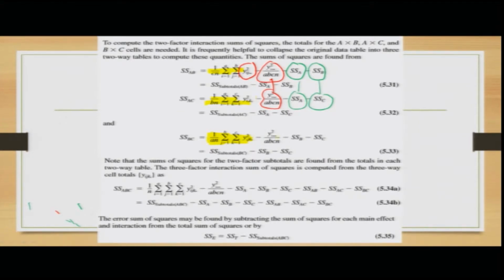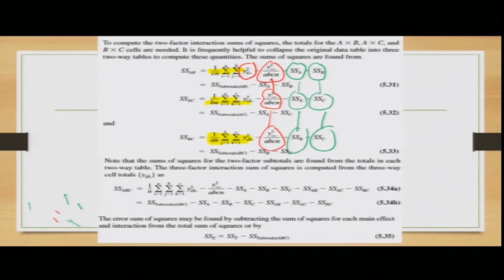Hence they would be dots. The term y square dot dot dot dot remains the same, and the values of SSB and SSC are just the replacement which you have.